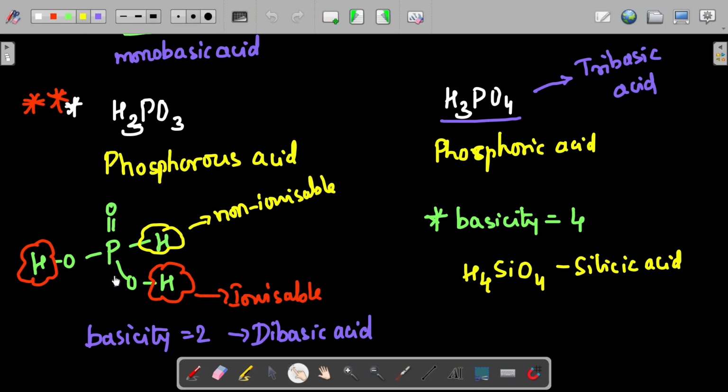So when you dissolve this in water, only the hydrogens attached to oxygen will ionize, means they will become H3O plus. But the one which is attached to phosphorus will not ionize. Therefore, even though three hydrogens are there, only two hydronium ions it will form when dissolved in water. Hence, it is a dibasic acid. Okay.